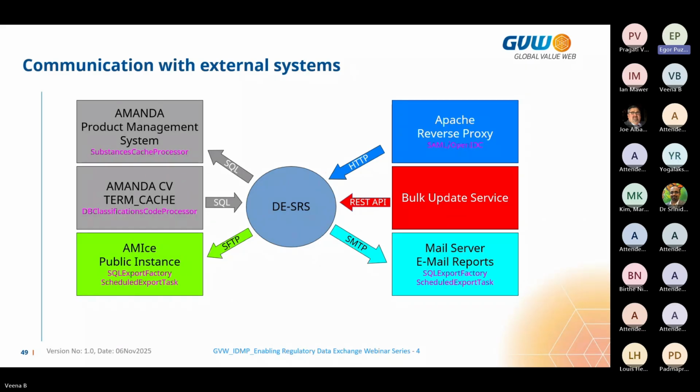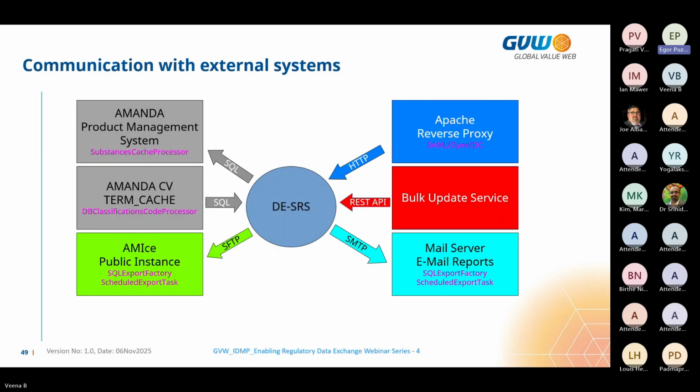Here we can choose, for example, we're using SFTP, but it can be FTP, it can be WebDAV, whatever is supported by the VFS2 library for Java. The same modules are used for creating exports.